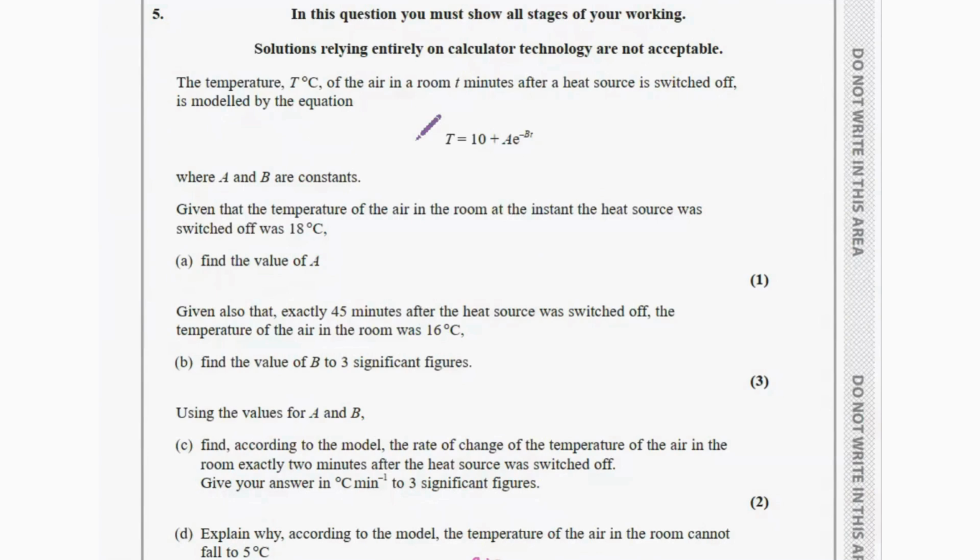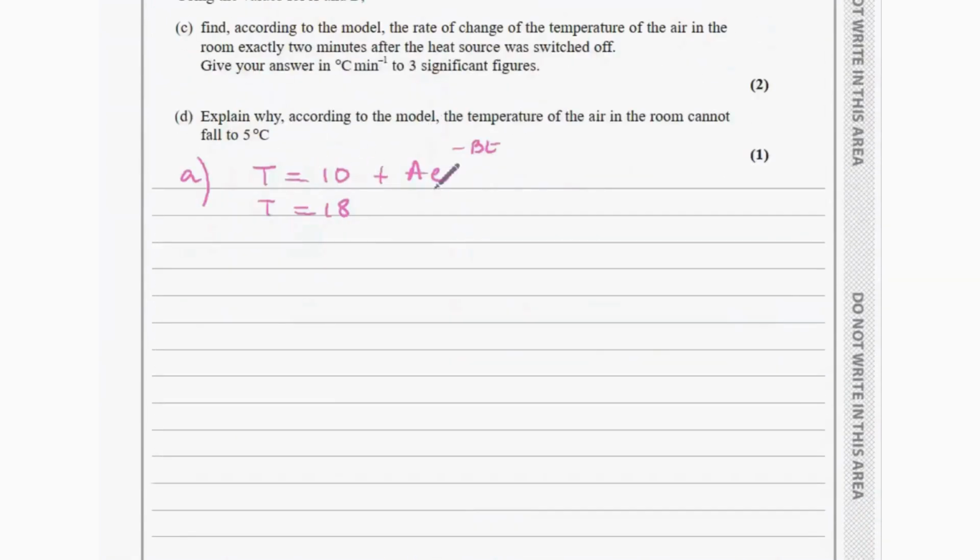That's the time that has elapsed after the heat source was switched off, and they're saying at the instant the heat source was switched off. So the moment the heat source is switched off, t is 0. No time has been spent. So 18 equals 10 plus A times e to the power of negative B times 0. E to the power of 0 is going to be 1. So 18 minus 10 equals A, and A is 8.